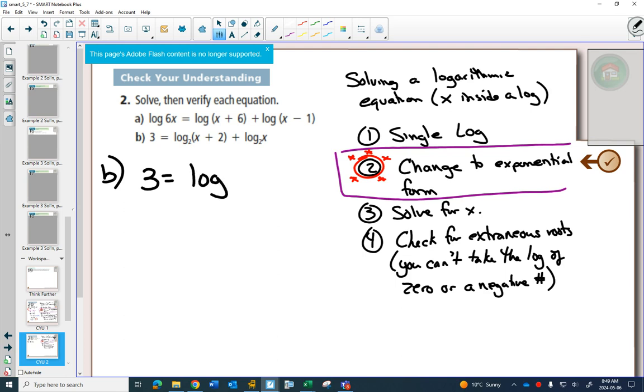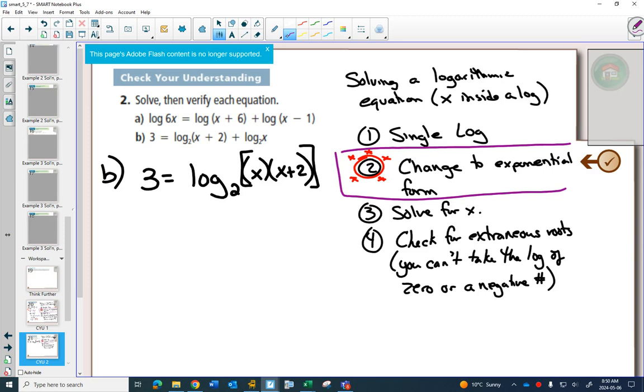What's the log law for adding? The log law for adding says that if you're adding, you can multiply. So inside I would have x times x plus 2. Once you have that single logarithm, you're solving for an x inside of an exponential function.